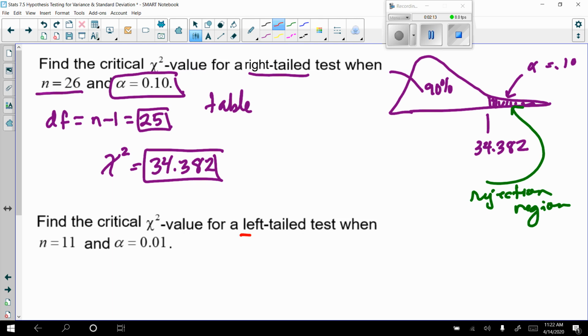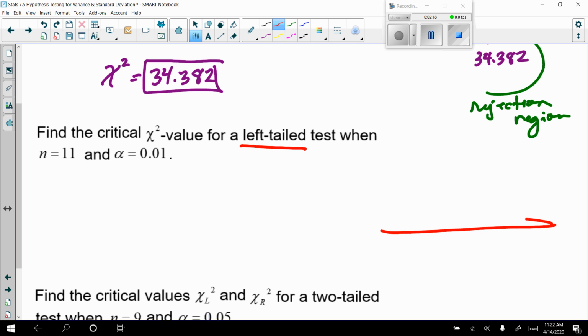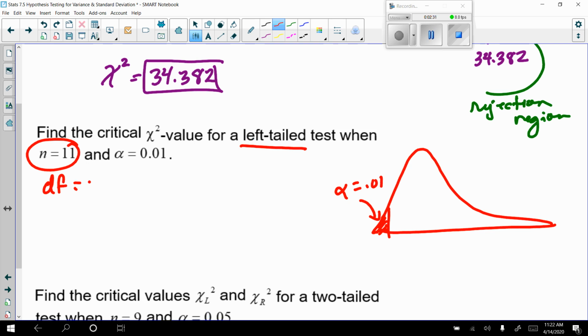If we're going to do a left-tailed test, our alpha is going to be over here, and here our alpha is equal to 0.01, and our n is 11, so therefore our degrees of freedom is 10.